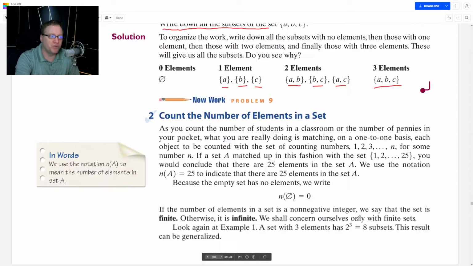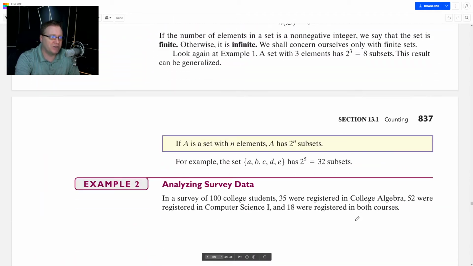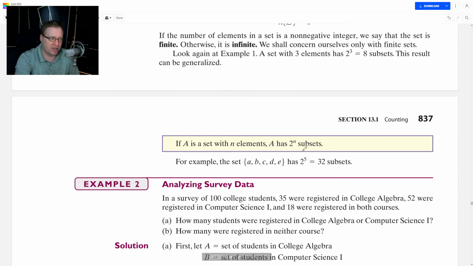Now, there's a rule. We can count the number of subsets. If I tell you that the number of elements in A equals n, then we know that A has 2 to the n subsets.